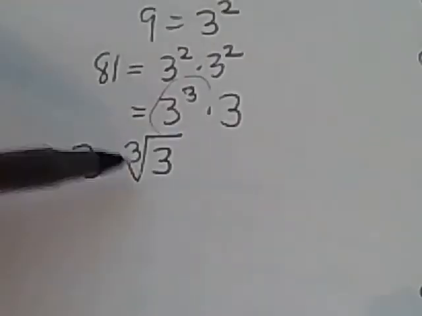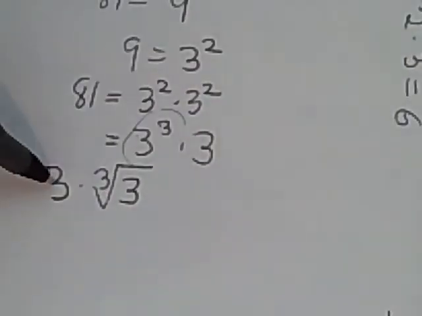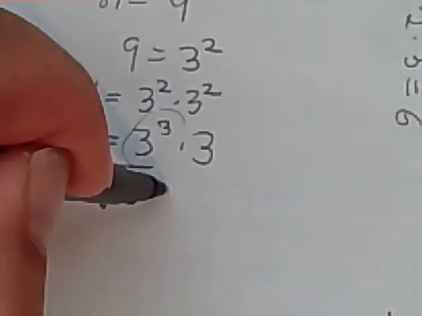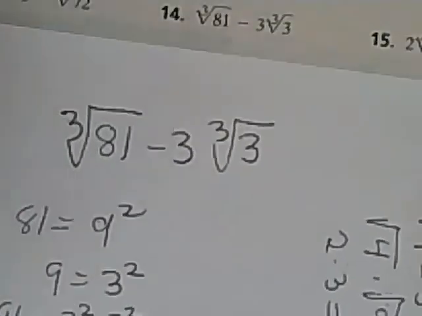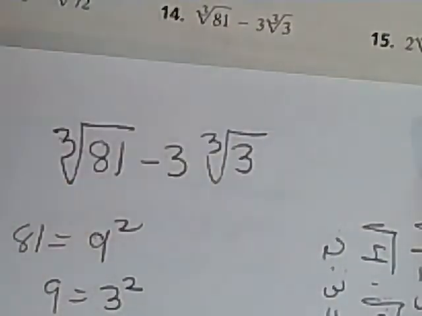This number represents 81. Let me correct that. This number represents the cube root of 81. Now, the second part of this says, subtract from this 3 cube root of 3.